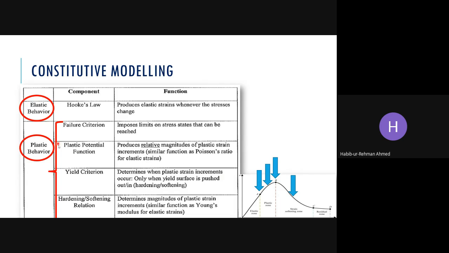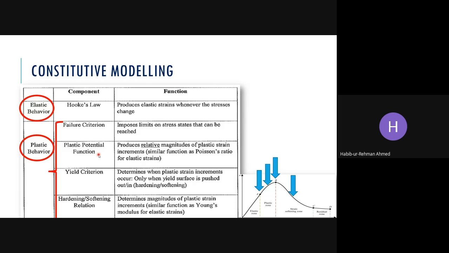Then the third part is the plastic zone. Now, the plastic zone is represented by a mathematical function. We call it the plastic potential function. Again, I'm not going into details of each of these, but just introducing how many parts we have to study, how many parts we have to experimentally determine, and then translate into mathematical form, and finally into a computing form.